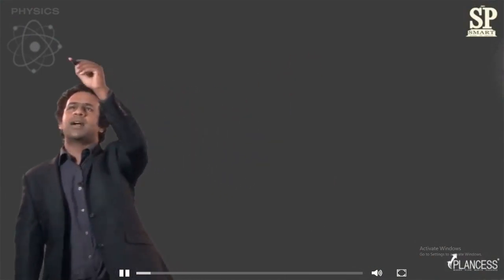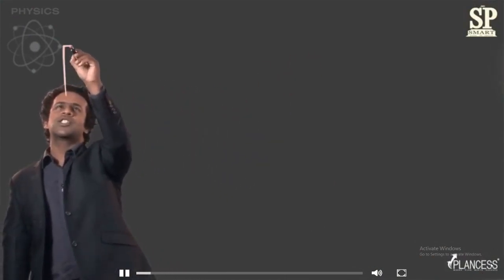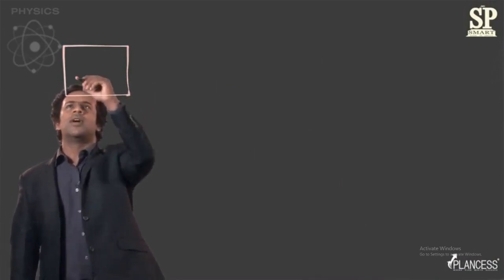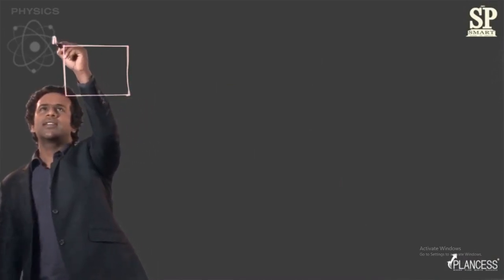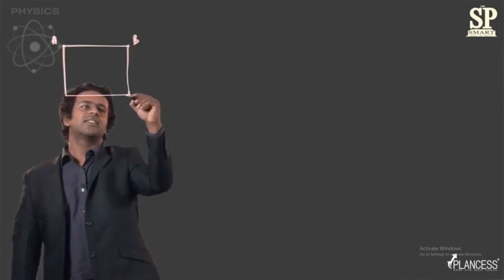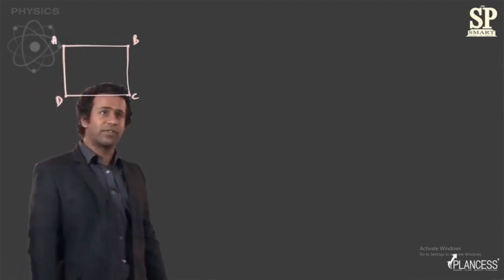So let's say you're given that a particle moves along a square of side 10 meters. So let's label the square, let's call it A, B, C and D. So that's the name we've given to the 4 vertices.